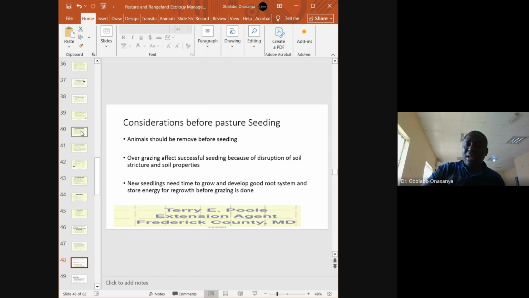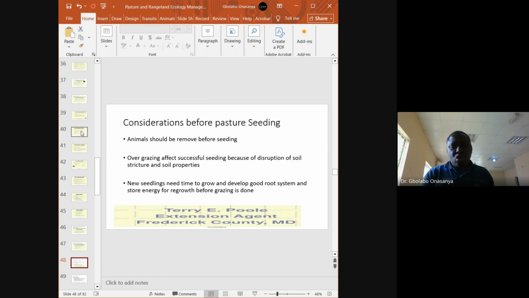It's like pouring water in a basket. So the area we want to seed or renovate, whether complete or partial, we will suspend grazing in such an area, and we'll go on with our seeding. So animals will be removed.